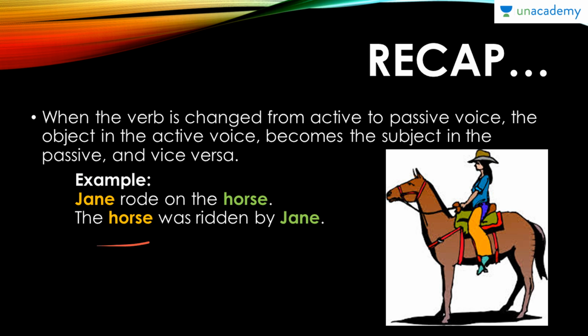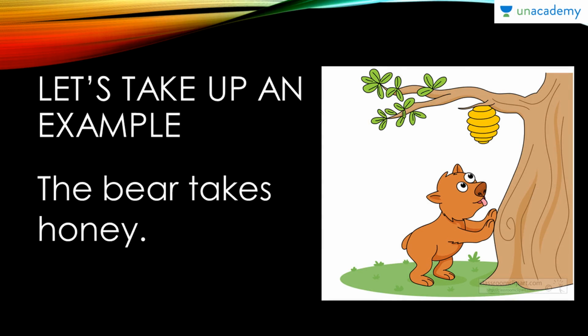In the second sentence, the horse is the subject and Jane is the object, and it is in passive voice. Do you see how Jane, which was the subject in the first sentence, has become the object in the second sentence? And similarly, horse, which is the object in the first sentence, has become the subject of the second sentence. And this is the last difference between active and passive voices. Now let's take up an example.